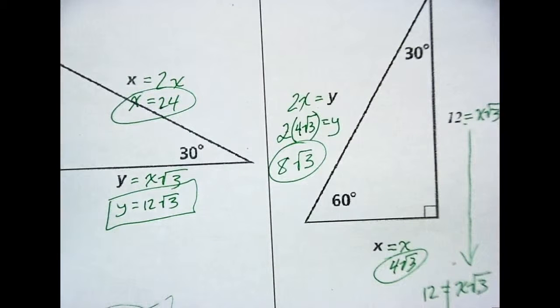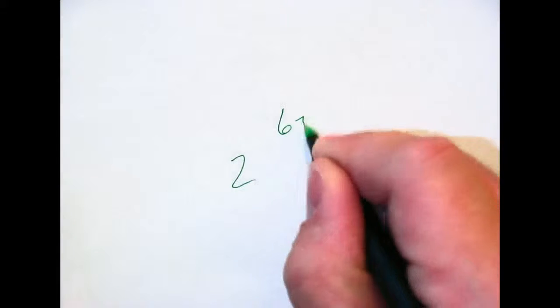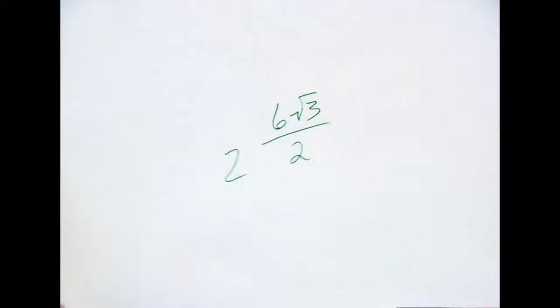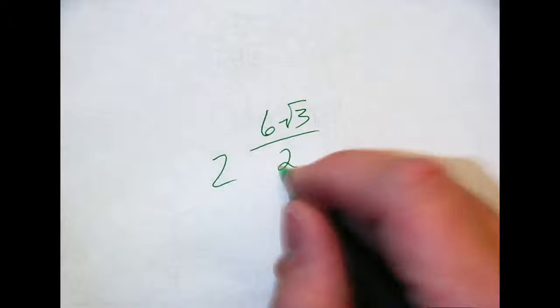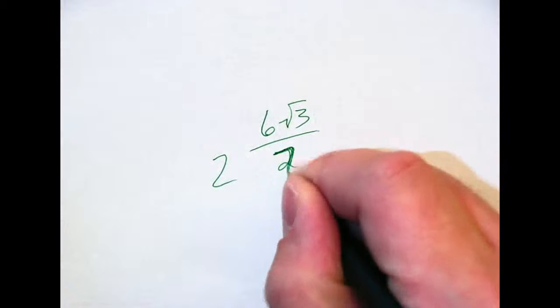So what if you had a situation where you couldn't simplify it anymore? Like if you had 6 root 3 over, how about over 7?